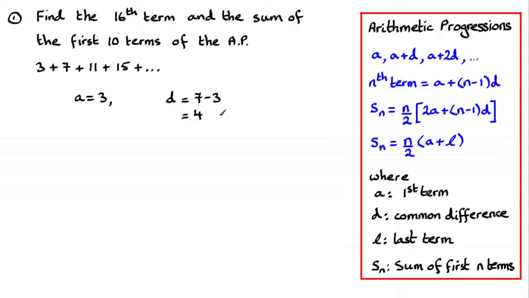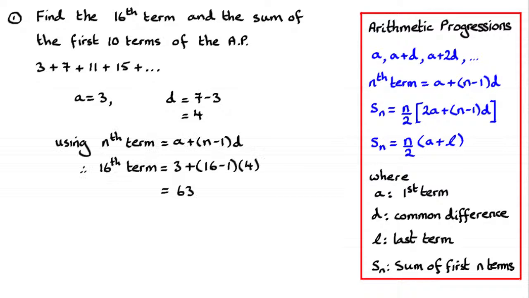So we know the 16th term is given by this formula here, and we can then connect that up. The 16th term is going to be the first term 3 plus (16 minus 1), n is 16, times the common difference 4, and that gives you 63.